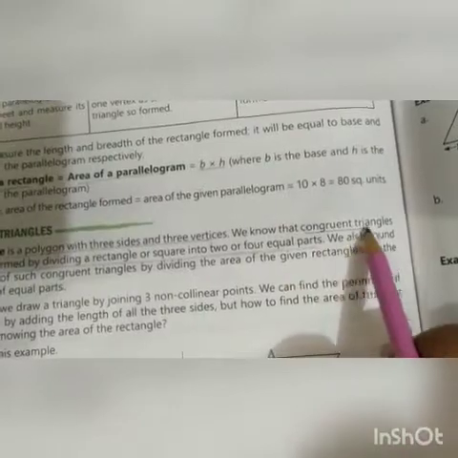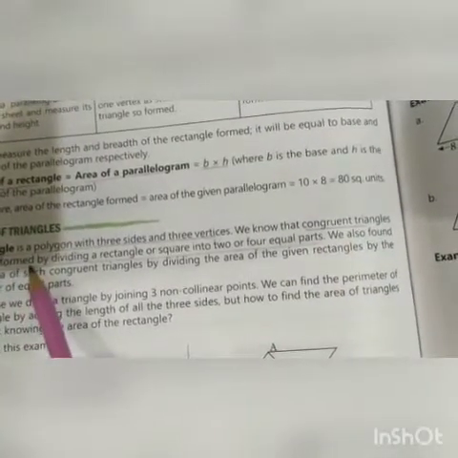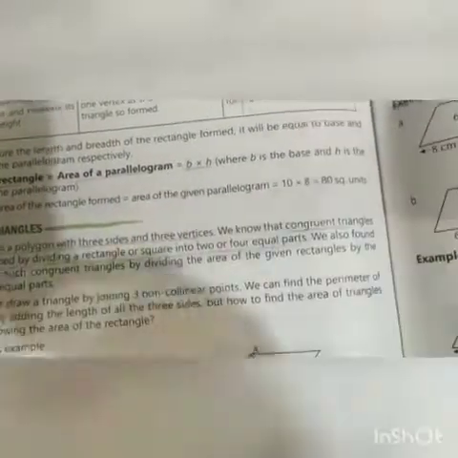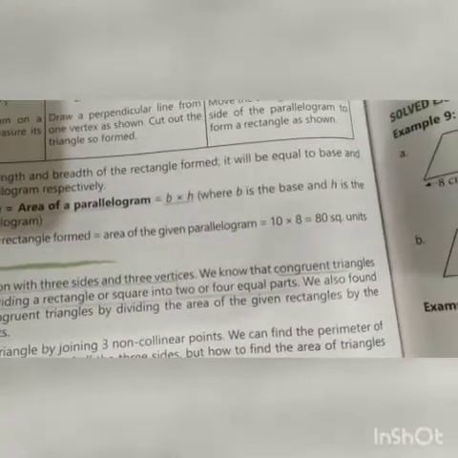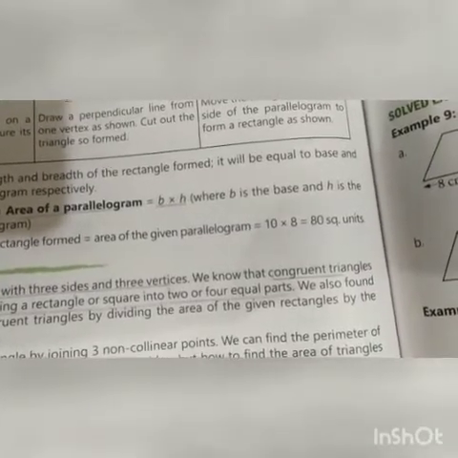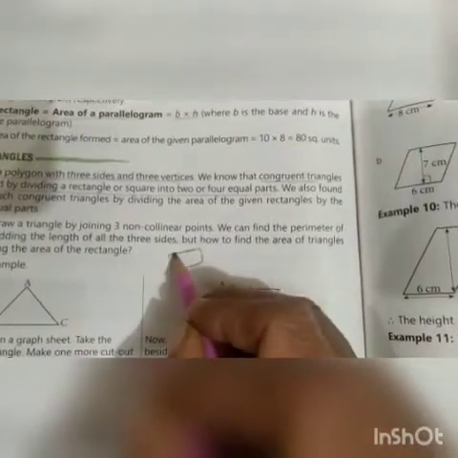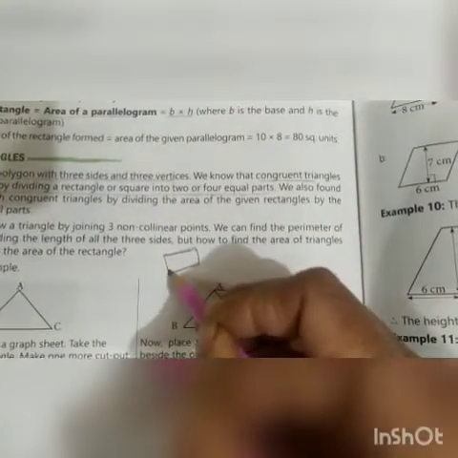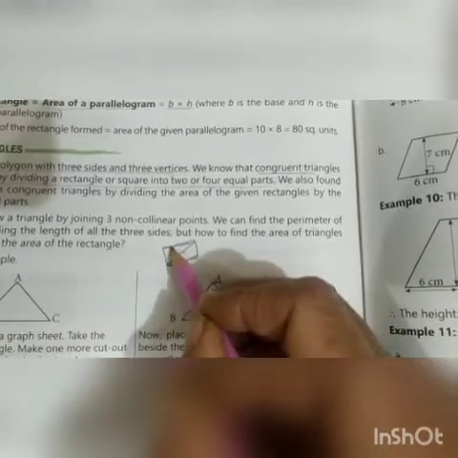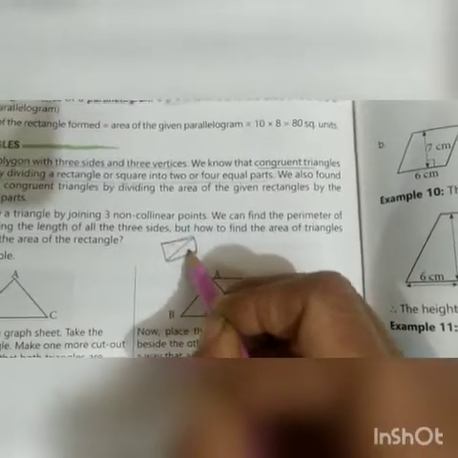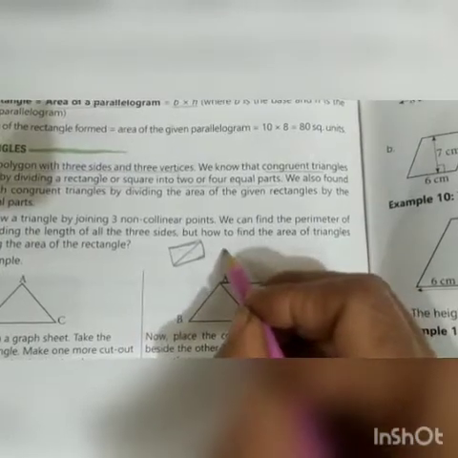We know that congruent triangles can be formed by dividing a rectangle or a square into two or four equal parts. See, this is a rectangle. If we join this vertex to this vertex, then this rectangle is divided into two congruent triangles.